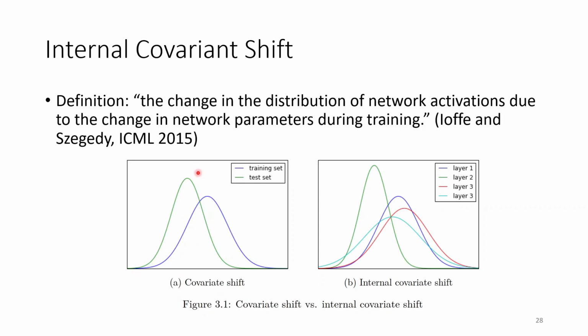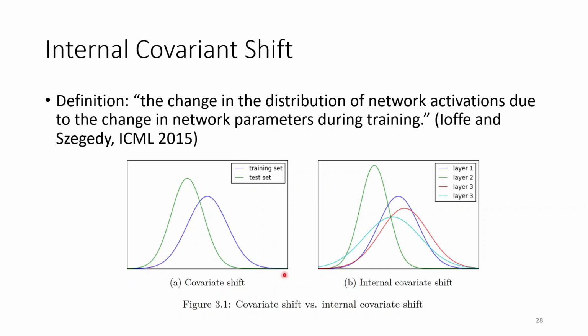When you have a set of input images, your convolutional network will generate a set of output results. If the green curve is the original distribution of your result, after changing some of those parameters, your output results may change. So this is called covariate shift.